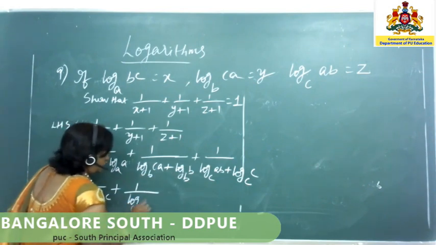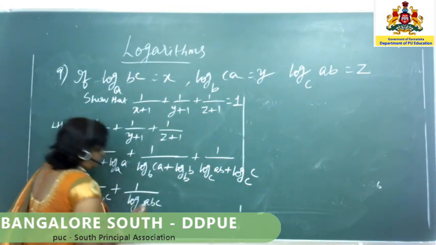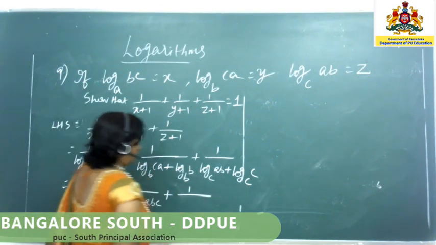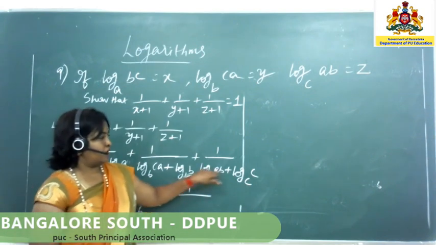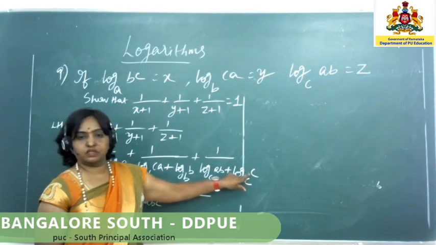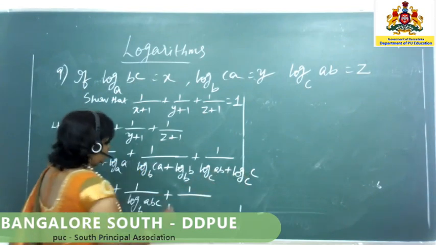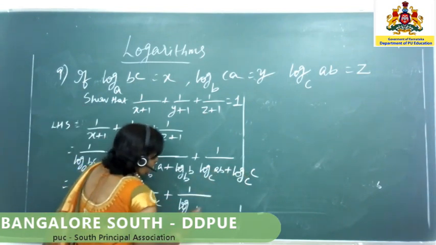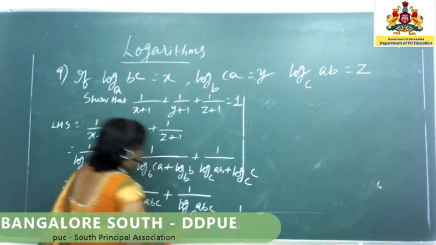So log ABC to base B plus 1 by log AB plus log C, that is log ABC. So log ABC to base C.